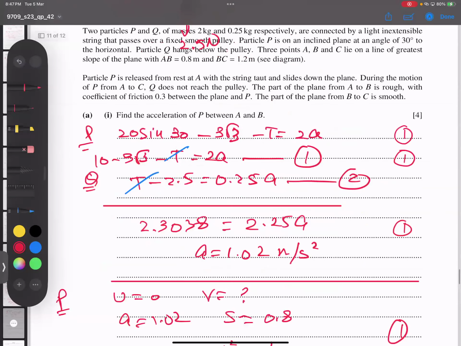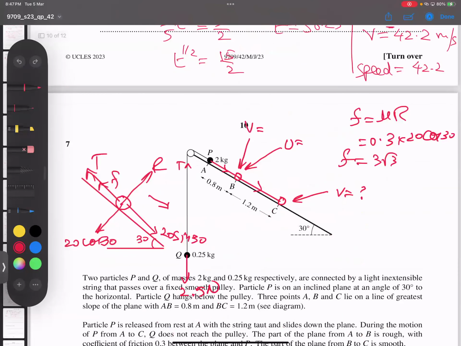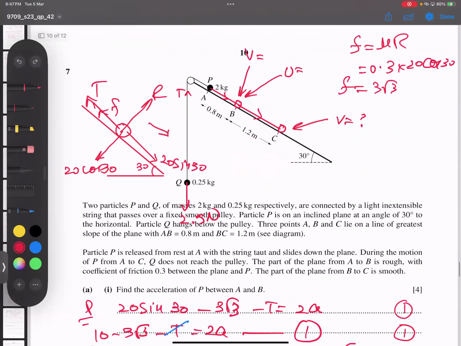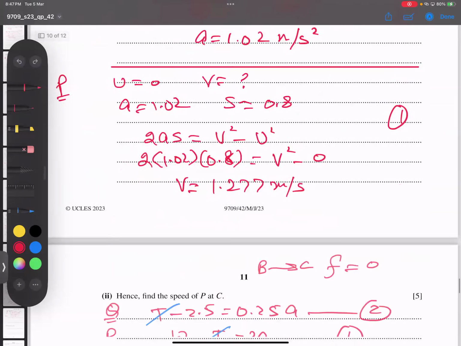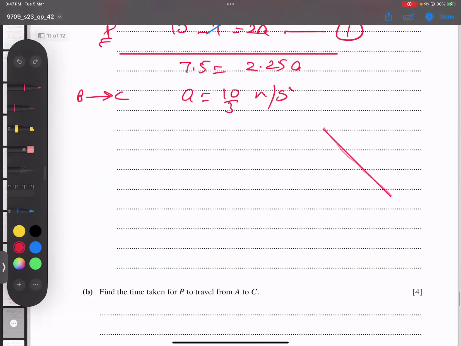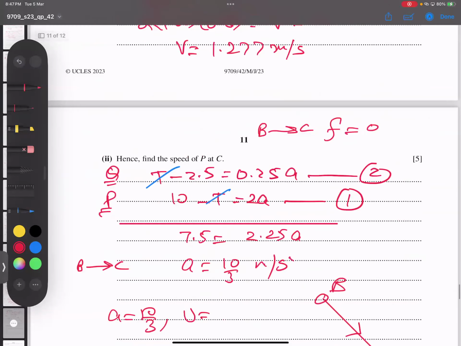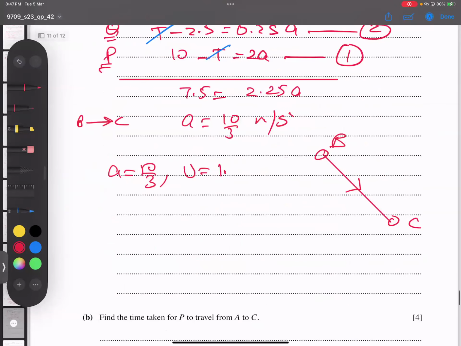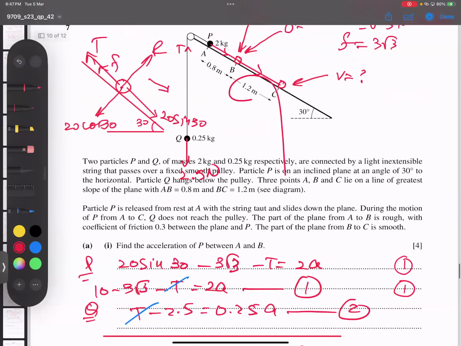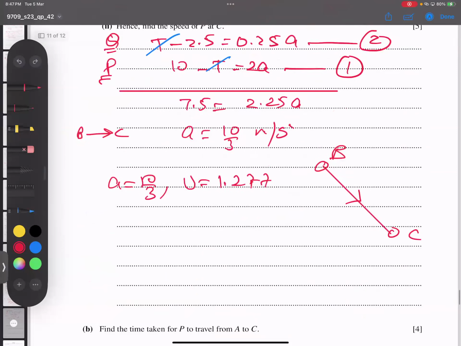Now students, look at this. For B to C, the ending velocity of the first part becomes the starting velocity of this part, which I already have, 1.277. So I'm talking about B to C motion. Acceleration I have 10 by 3, and U is 1.277, and the distance from B to C is 1.2. The last velocity is the question mark.